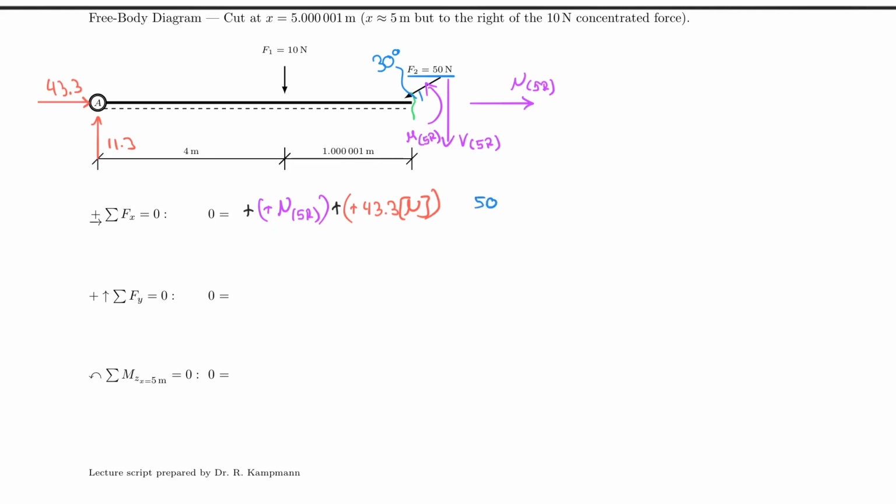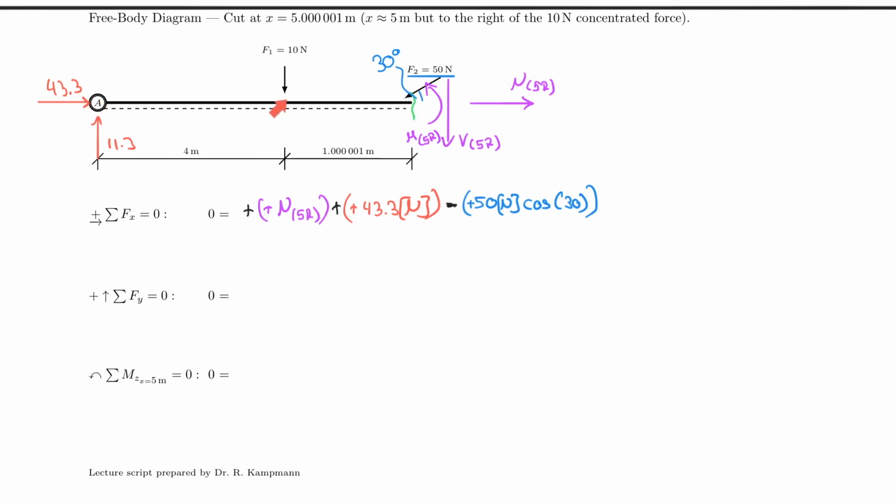So I have 50 Newton, multiply that by cosine of 30 to get the horizontal component, or the component that's parallel to the x-axis. And then I need to identify that this is positive in this direction, but it is negative because it points to the left. And now the system is actually in balance before this force is actually applied. So the system from here to here is in balance.